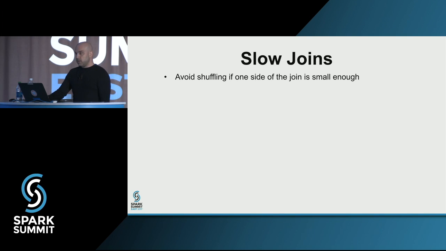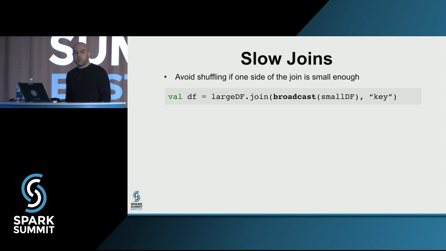So one thing you can do with slow joins is that when you have a small data set and a big one, you can use a hint there and make the small data set available on all your nodes with broadcast.